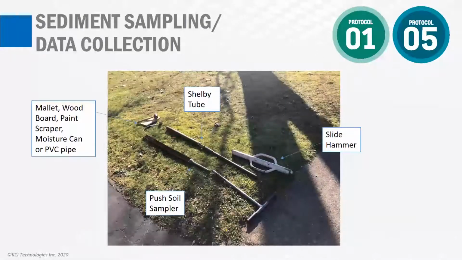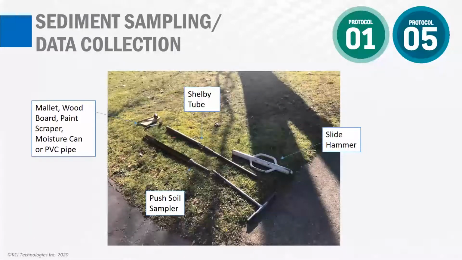So the actual methods of sample collection range in degree of effort. So a push soil sampler involves pushing a core sampler into the bank, but really the volume of the sample needs to be determined and the sample shouldn't be disturbed.